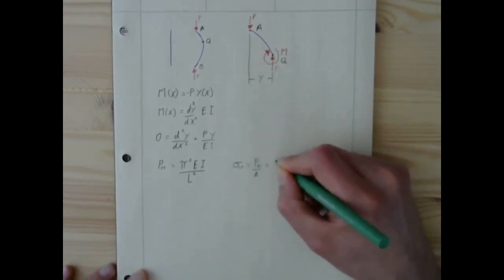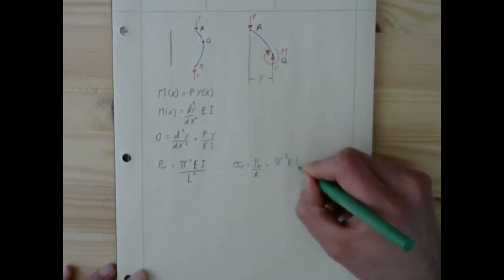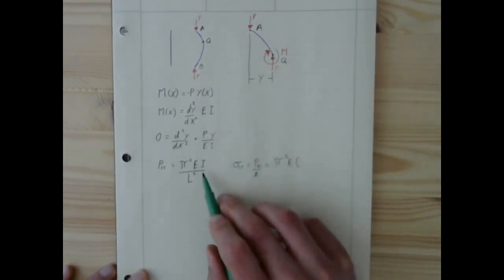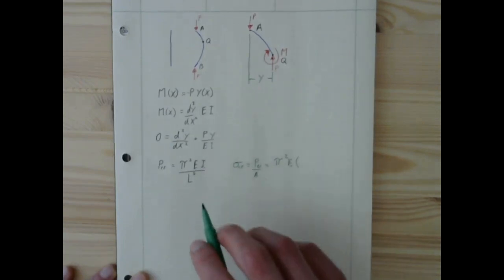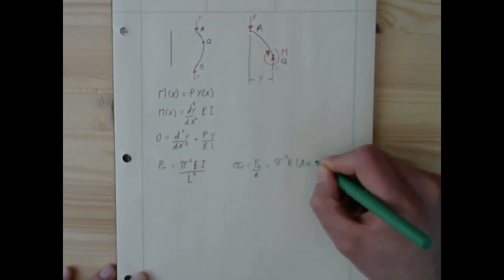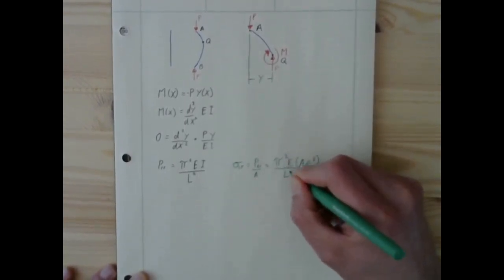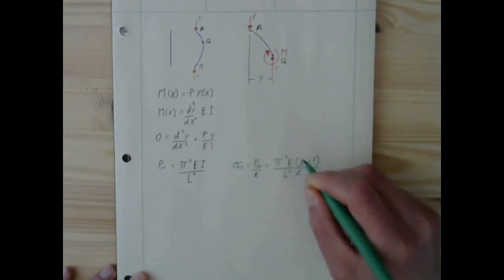And that's going to be, well, pi squared times the Young's modulus. We can switch this into using the radius of gyration. So A times the radius of gyration squared divided by, well, L squared, and that A is still there.